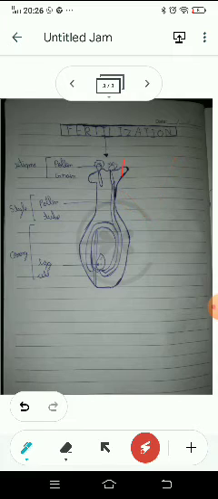Each travels down through the pollen tube to fuse with the female egg cell. Fusion occurs and a zygote is formed. Sorry, not a gamete, the name is zygote over here. So don't write gamete, write the correct name, which is zygote. Then the zygote grows into an embryo and then into a seed.